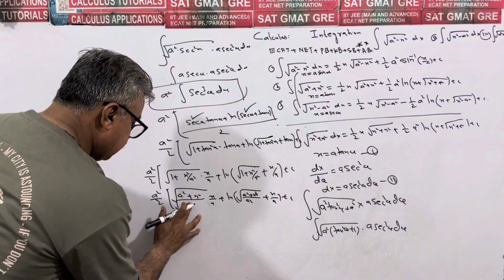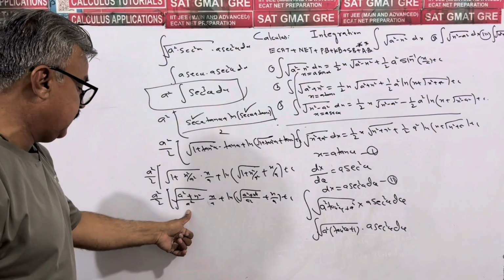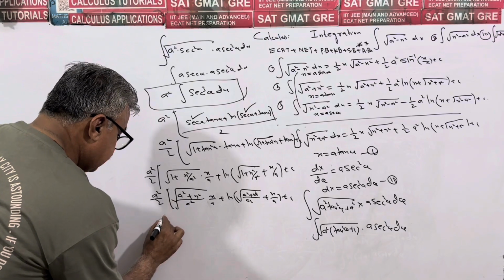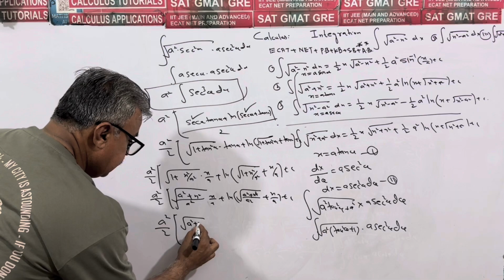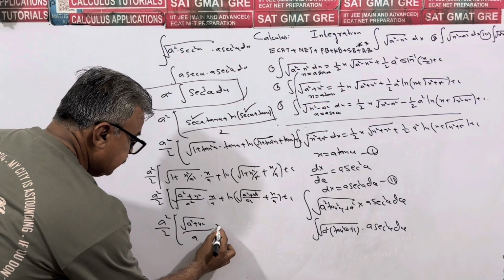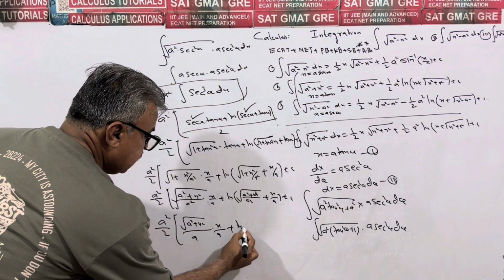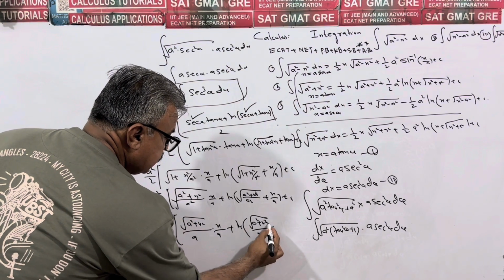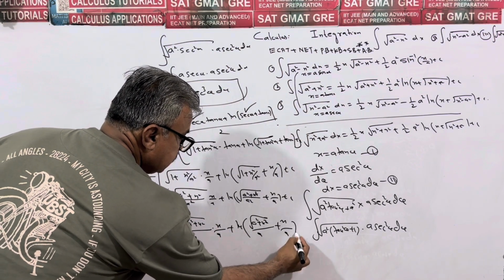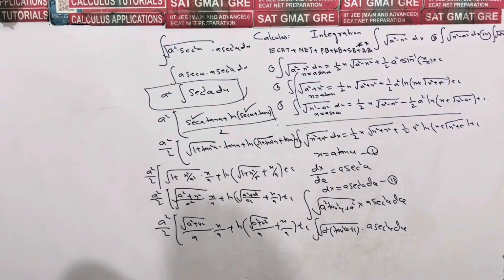A square can be written outside the radical as a, as it is a perfect square quantity. So a square over 2, we have root of a square plus x square over a times x over a, plus ln of root of a square plus x square over a plus x over a, plus c.